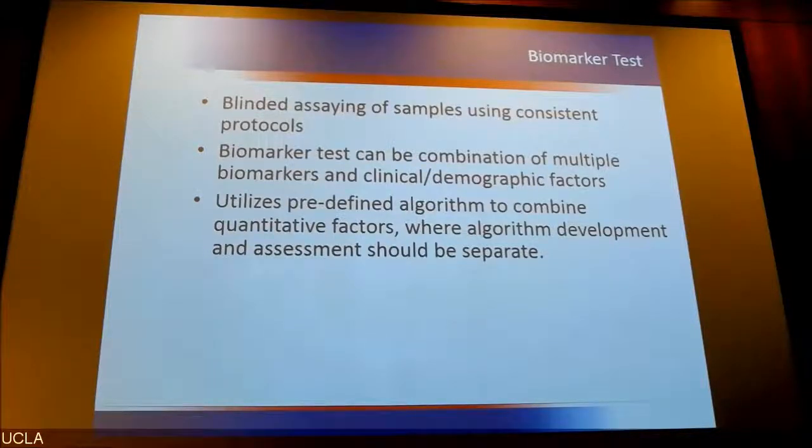The ideal case is that the biomarker test will utilize a predefined algorithm and combine quantitative factors, where critically the algorithm development and the algorithm assessment should be separate. One of the larger problems of a lot of early biomarker models is people would measure 10,000 genes.